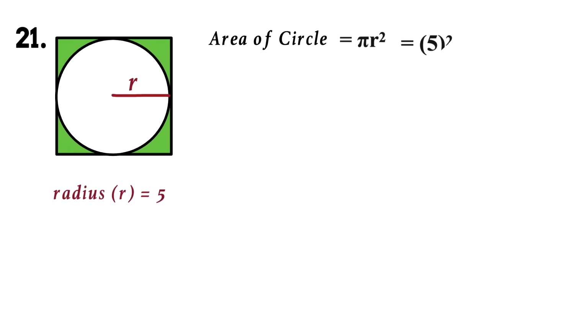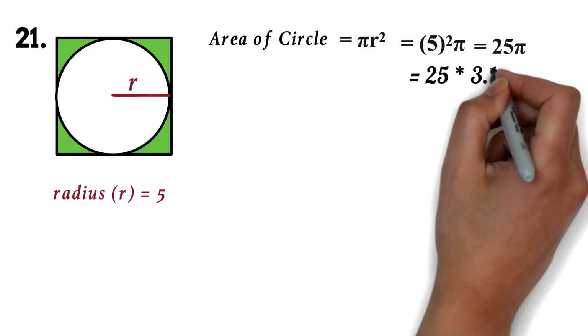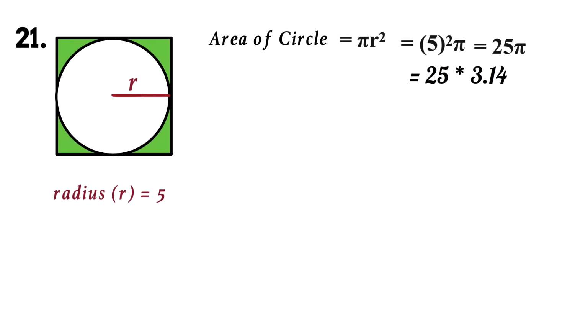So we have 5² times pi. This will give us 25 pi. The value of pi is approximately 3.14. So we have 25 times 3.14, which is 78.5.